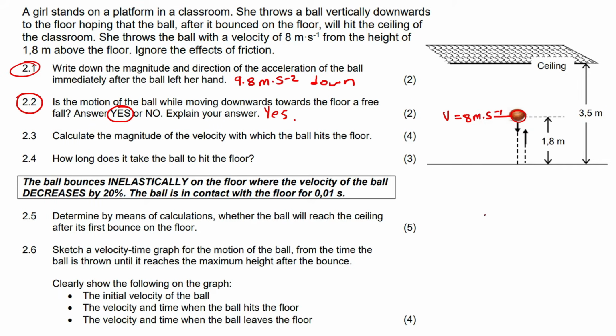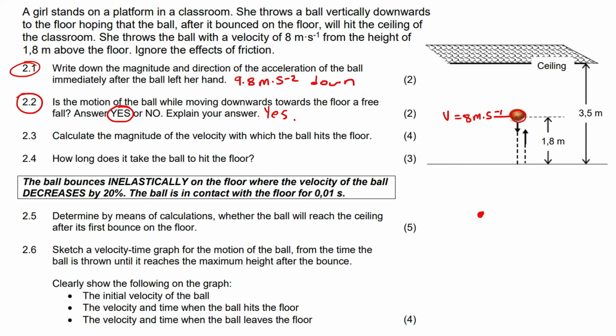Because once that ball has left her hand, what forces are acting on that ball? Don't say applied force. It is only an applied force when it's in the person's hand. After it has left the person's hand, there is no longer an applied force. You might say air resistance.